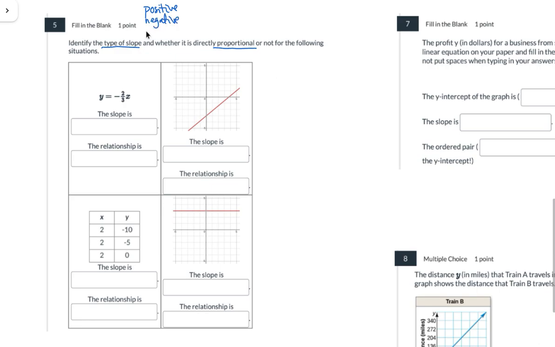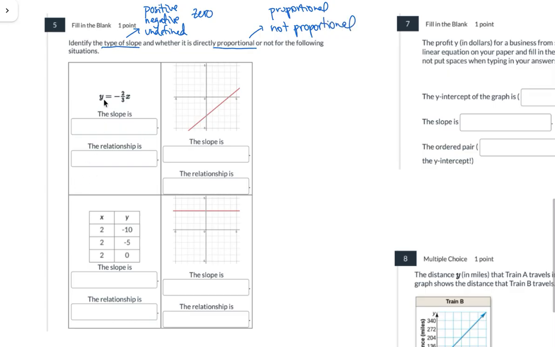For a negative slope, you could have had an undefined slope, or you could have had a zero slope. So those were your 4 choices for types of slope. And then for proportional, it was proportional or not proportional. So those were the drop down options for each of these, okay?